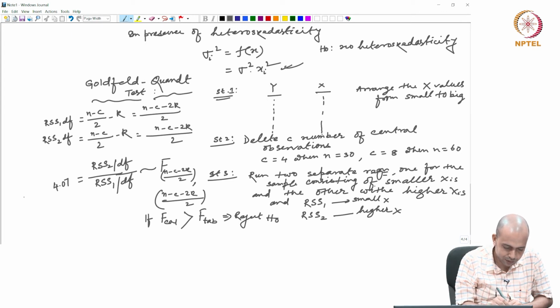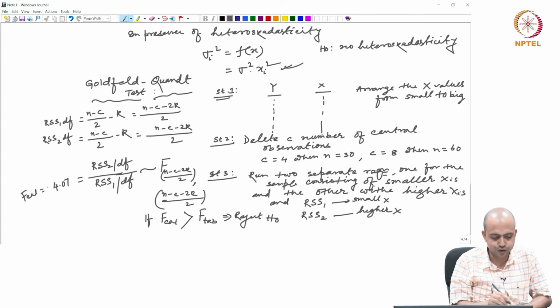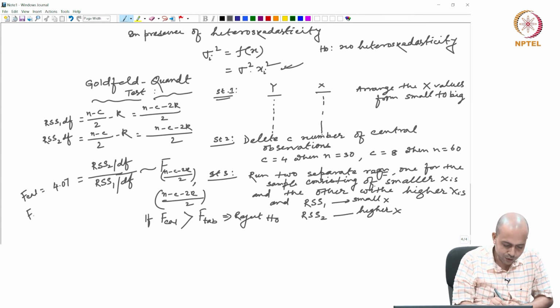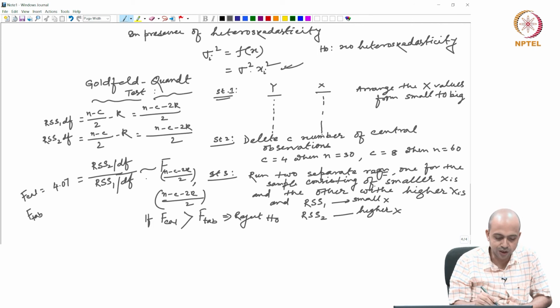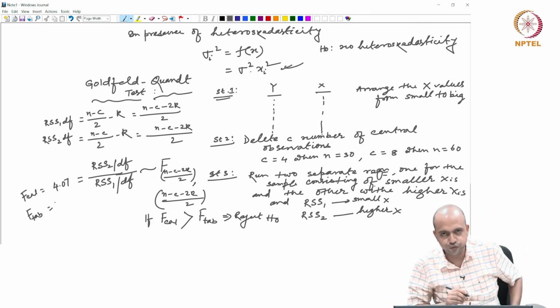F calculated equals 4.07. You have to now find out F tabulated at 1% and 5% level of significance with 11 and 11 degrees of freedom.